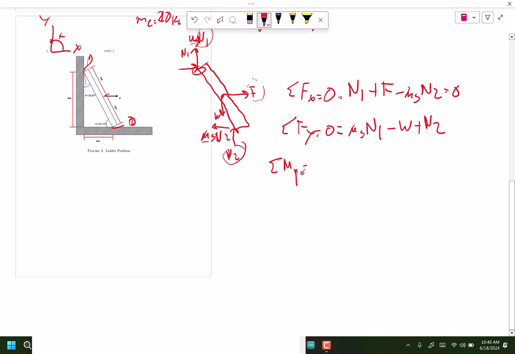Sum of the moments about 1 must be equal to 0. So now this is where we want to look at where we're going. So let's take it one step at a time. We need to look at the perpendicular distance from the line of action of our forces. So let's see here. We can go ahead and get this started.